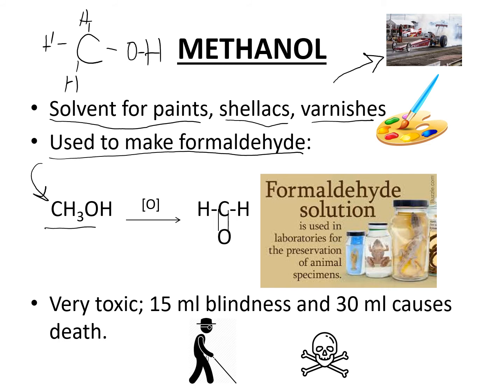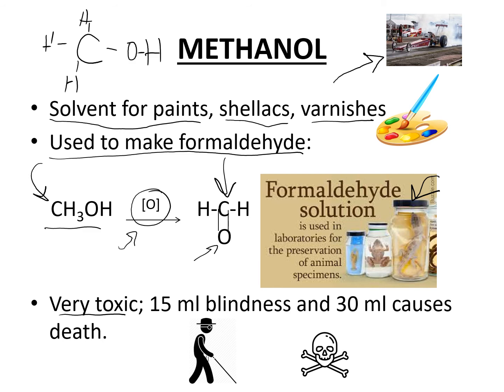So methanol undergoes oxidation and forms formaldehyde. Formaldehyde is an embalming fluid that you may have experienced in a biology class. If you were to ingest methanol, it would undergo oxidation in your body and also produce formaldehyde, which is very toxic. So methanol is something you would never want to drink. It's a very toxic compound.